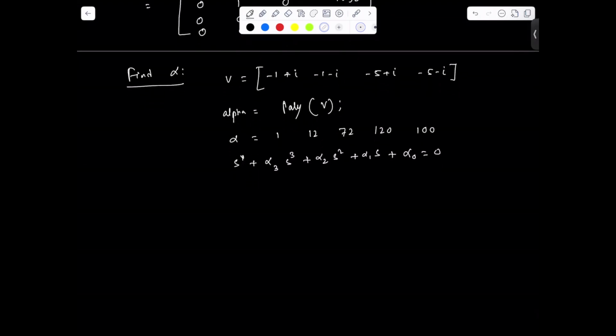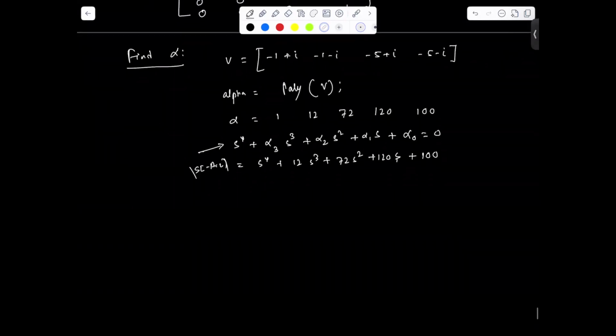And this is basically sI minus A closed loop equal to the desired polynomial. If you substitute the terms we are getting here, we have s to the 4 plus 12 s cube plus 72 s square plus 120 s plus 100.